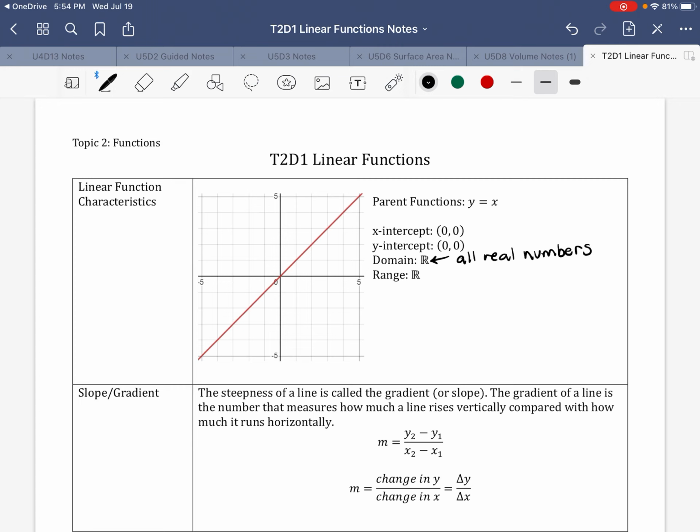And again, domain represents all possible x values, and our range represents all the possible y values.